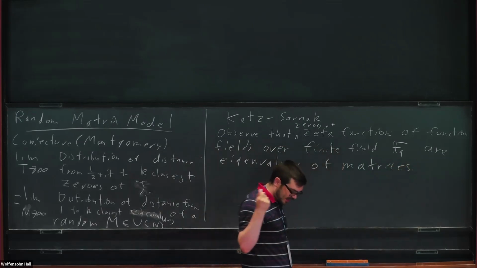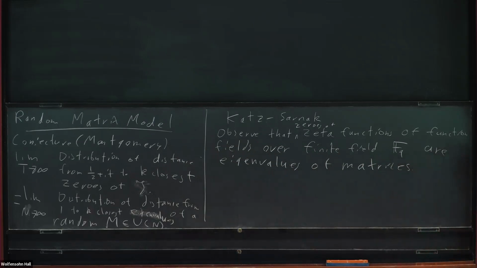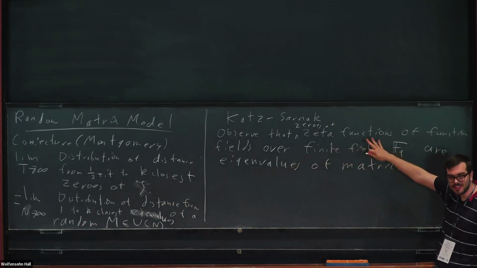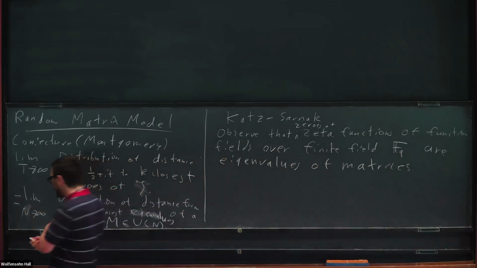They are eigenvalues of Frobenius on the Tate module of the Jacobian of the curve that you're taking the function field of. That won't be relevant for this talk.